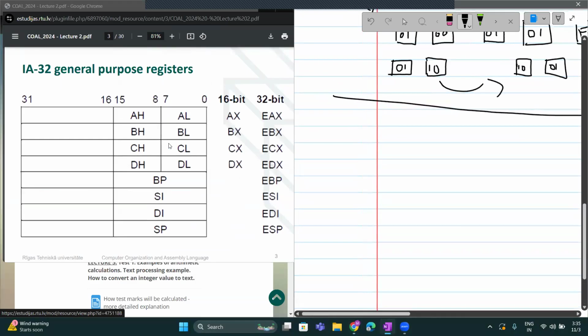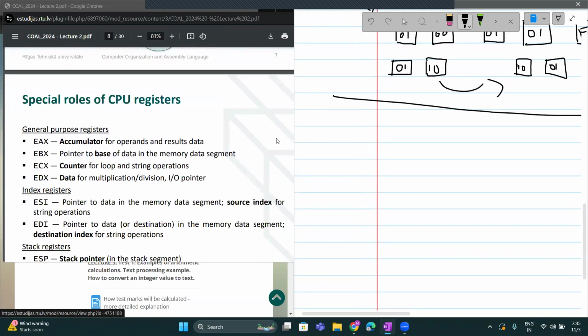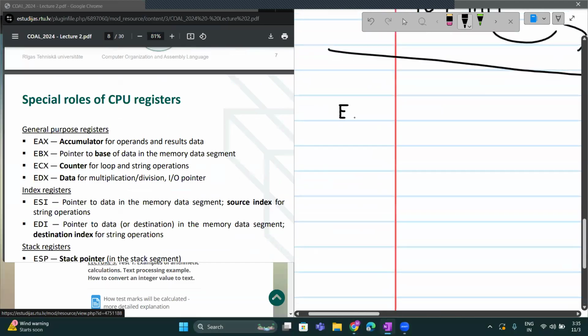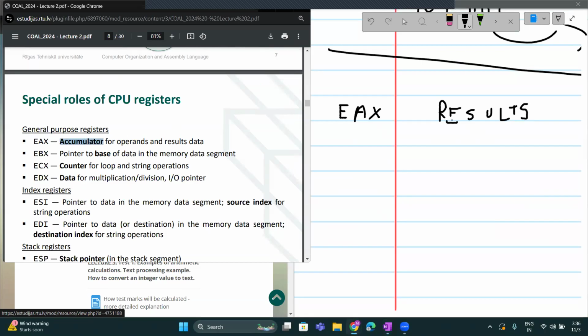So there are, first of all, types of registers. EAX. EAX is the most used. There is no particular use for it, but it's usually used for results, and as it says, it's the accumulator.